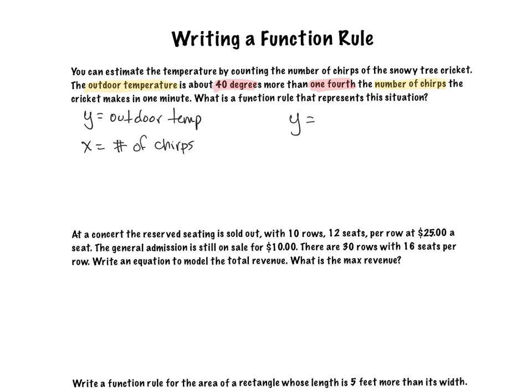So I can say 40 degrees more than, so 40 degrees plus 1/4 the number of chirps. When I say 1/4 the number of chirps, any inclination of what that operation is going to be between 1/4 and X?